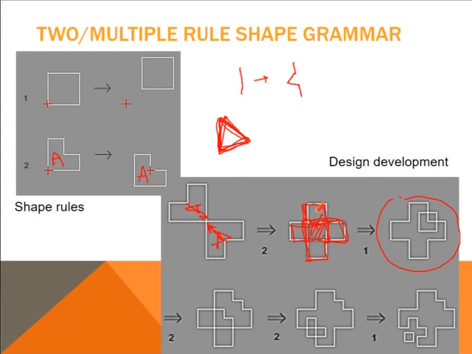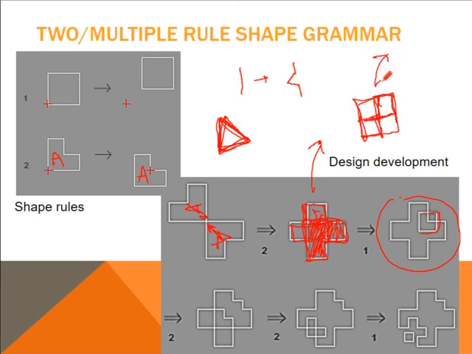So another option from there is to further move this L shape, so it becomes like this. So this is also possible. Then from here, you can develop further.